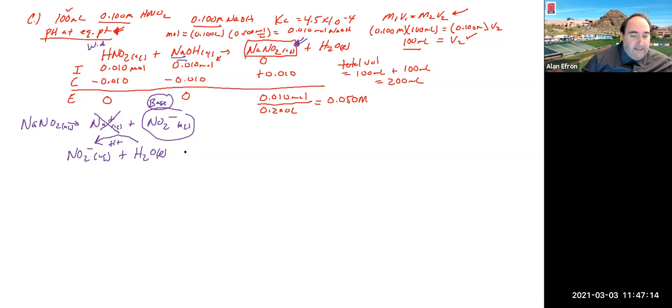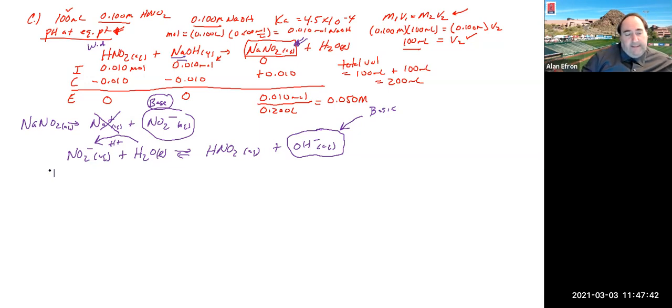And when it does, we will end up with HNO2 where it came from, and we will end up with hydroxide being produced. And as we predicted, or should be able to predict even before we started the calculation, we should expect this solution to be basic because of the salt that's being generated. Any questions on that?